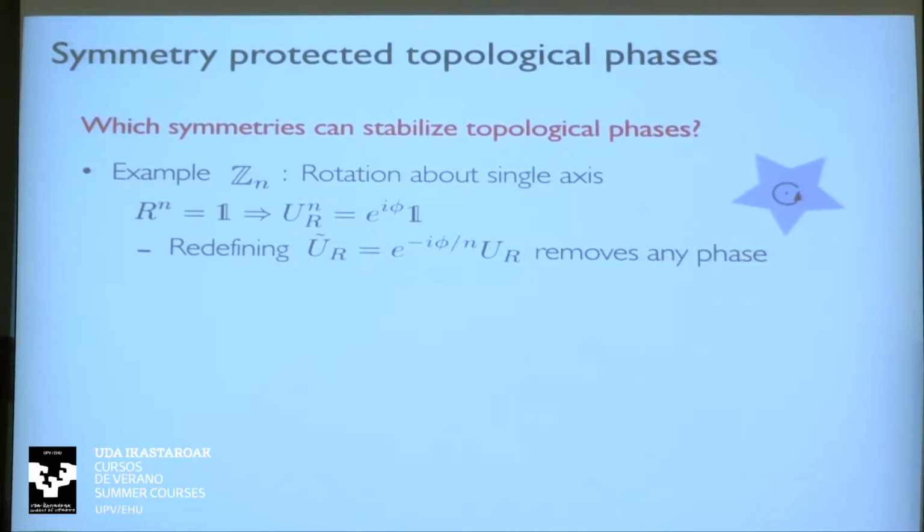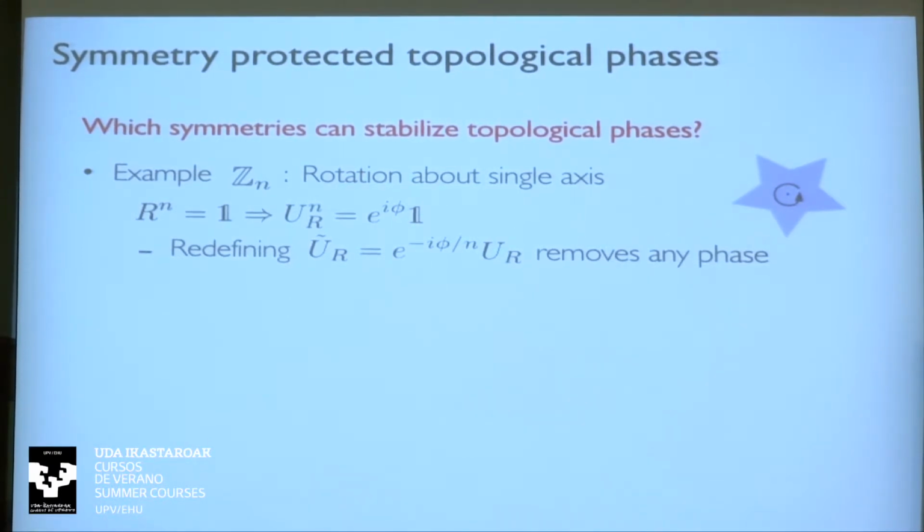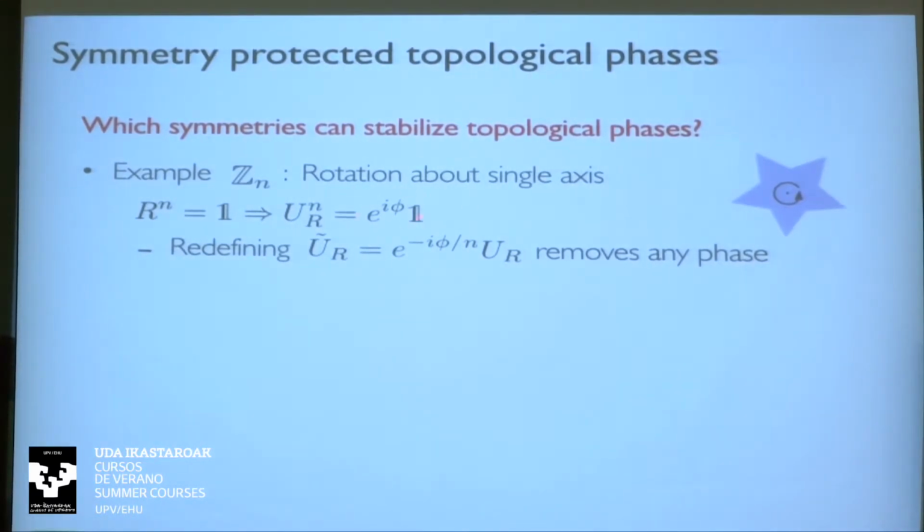Right? So the upshot is that for Zn, no matter what phase we come up with, we can remove it by multiplying this element of UR by another phase factor. By this, we have shown that every such representation can be lifted to a trivial representation.